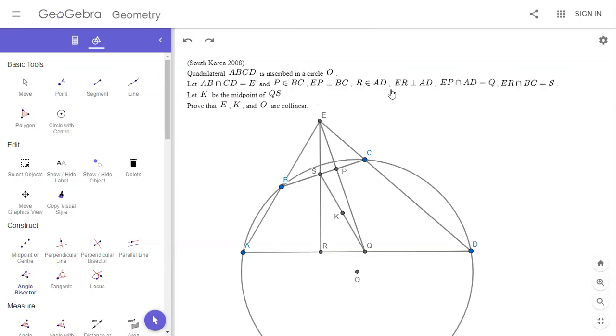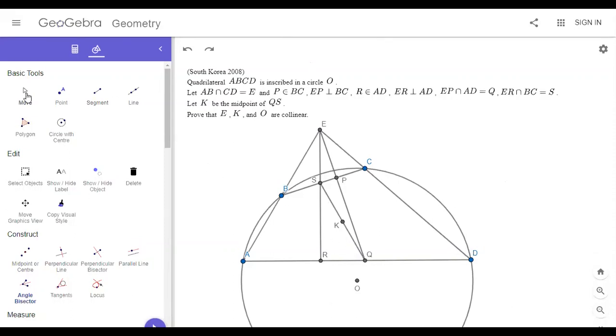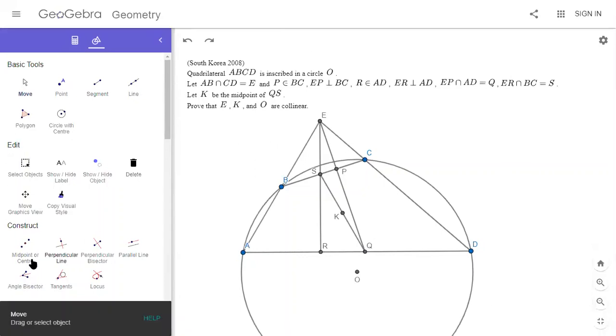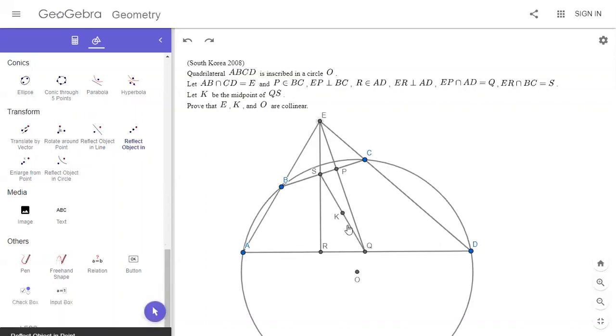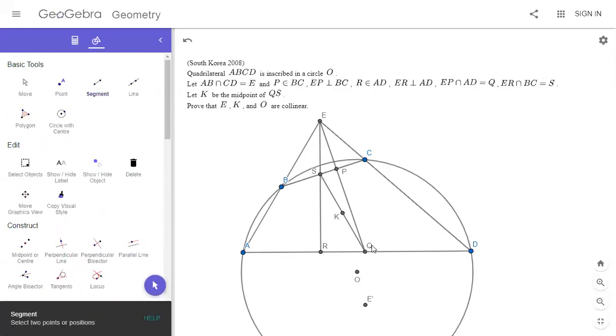How about completing the parallelogram ESQ? Interesting. So let me do that now. So EQSE prime. So that's another way to think about this.